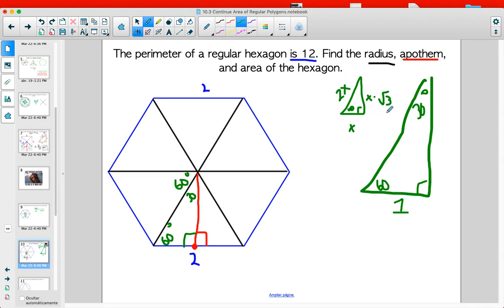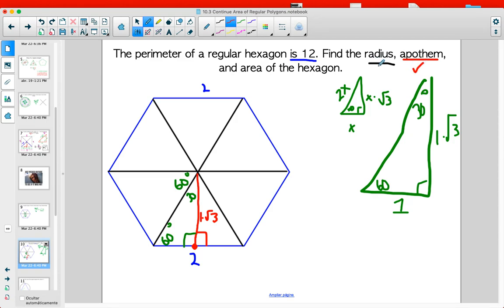Okay, so here we know that across the 30, we have x. So across the 30, we have 1. So across the 60, this should be 1 radical 3. And ta-da, that is reflected over here. It's the apothem. So the apothem is 1 times radical 3. Okay, so we're done with that.